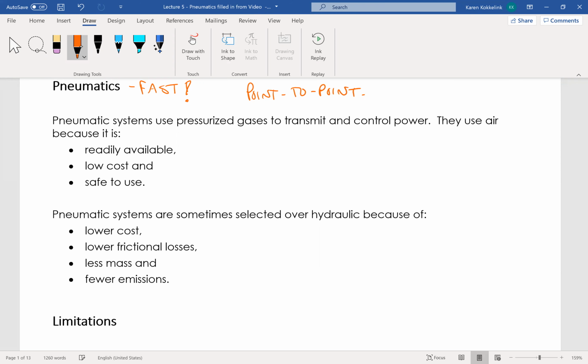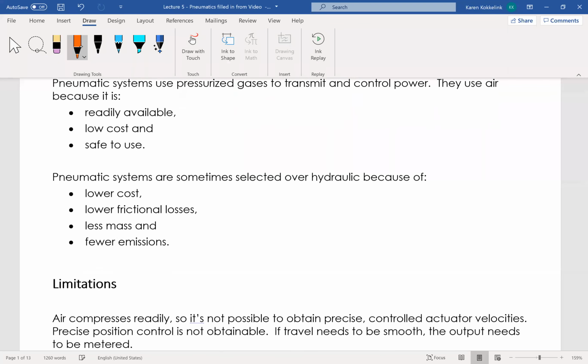So you need to pick up something and move it over there, or you need to activate a claw that's going to pick up an object, or you need to activate a part of an assembly line, or you need to move things. So something that has one point to another point action rather than the transmission of large forces like a press.